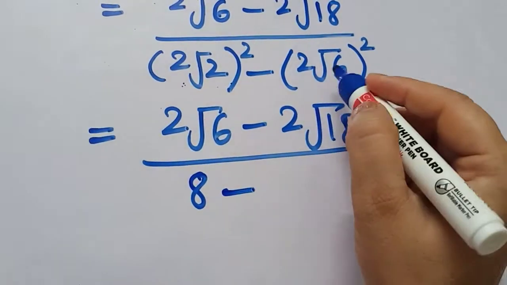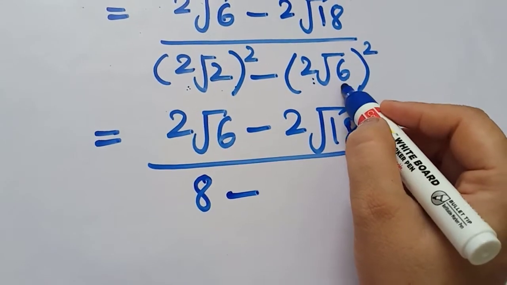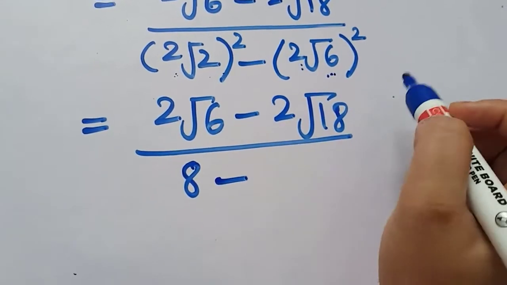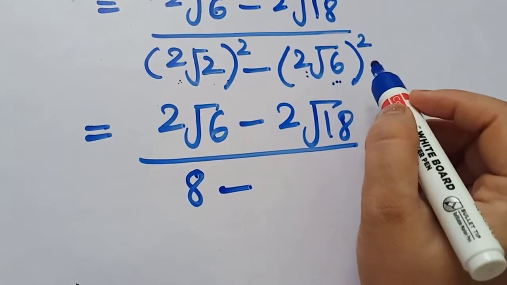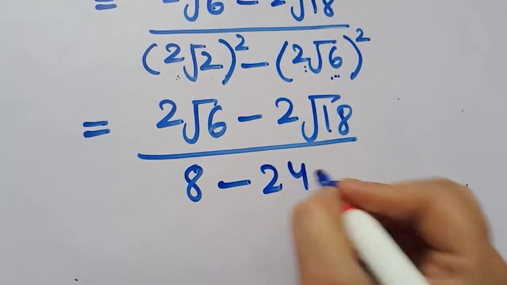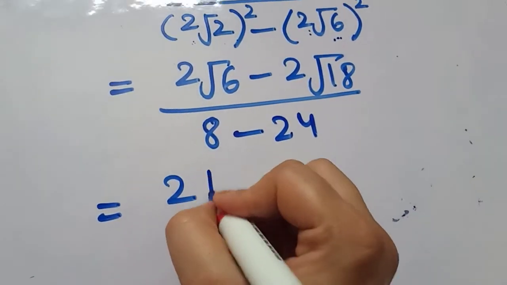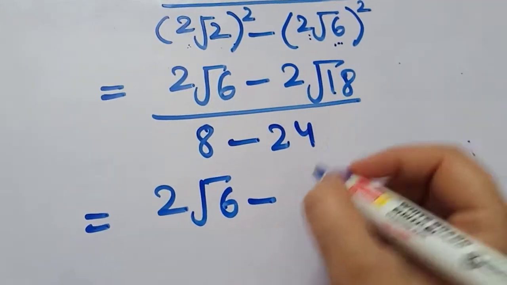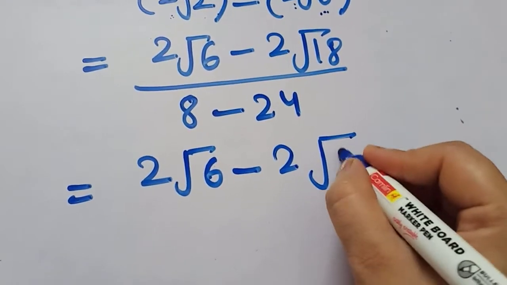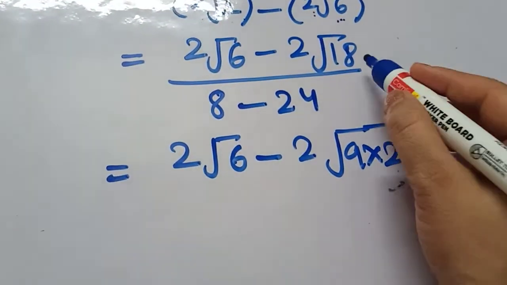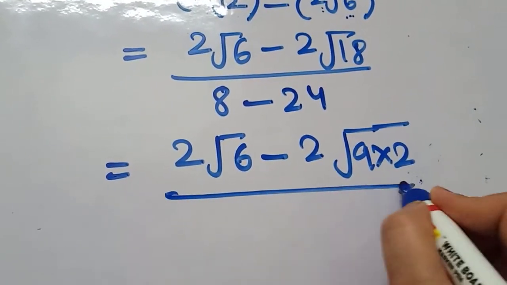Minus 2 into 2 is 4, and root 6 into root 6 is 6. So 4 into 6 is 24. Now we can write 18 as 9 into 2.